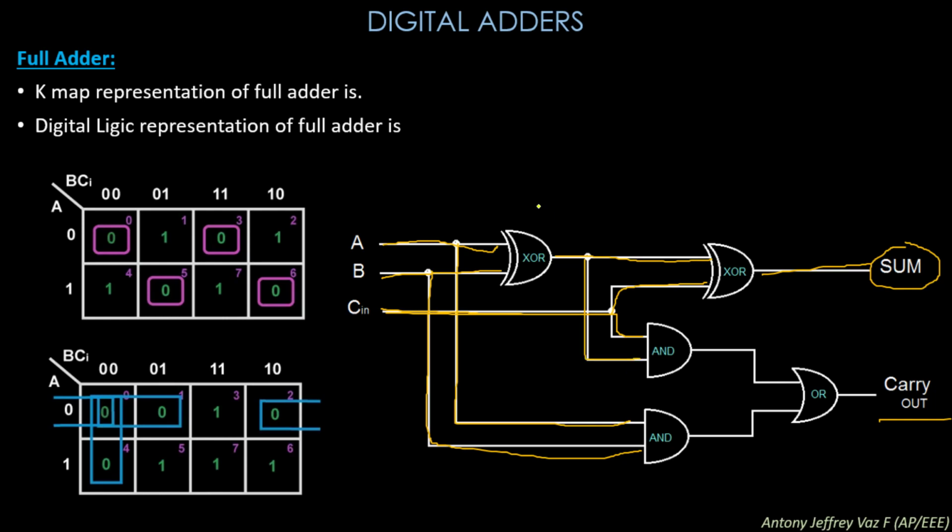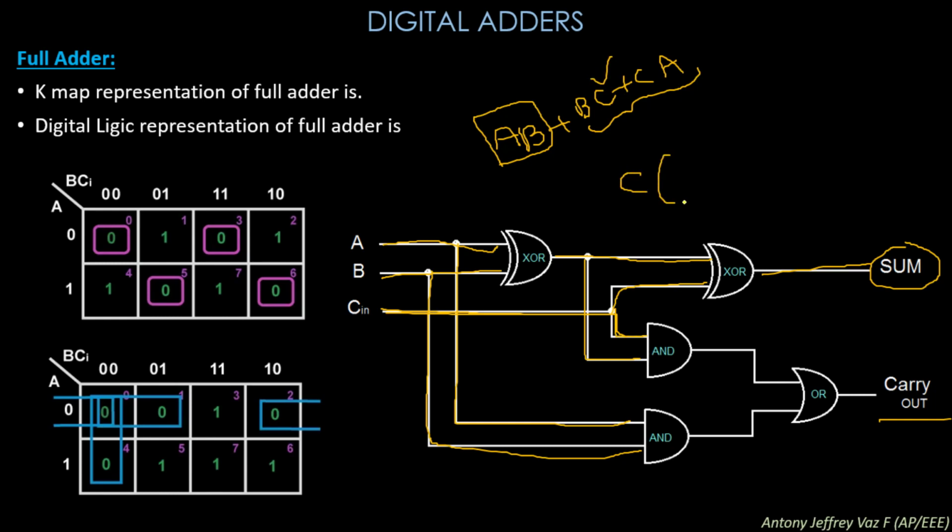This is because the equation AB plus BC plus CA is being simplified. The AB term is there, and you can see these terms are being simplified so that you are getting one output from C.